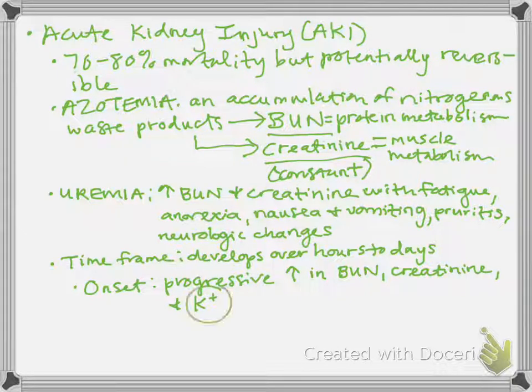Now, potassium is going to be elevated because when our kidneys are functional, our body excretes 80 to 90% of the potassium in our body. So if our kidneys aren't functioning and we're not able to excrete that potassium, then it's going to build up in our blood and cause signs and symptoms of hyperkalemia.